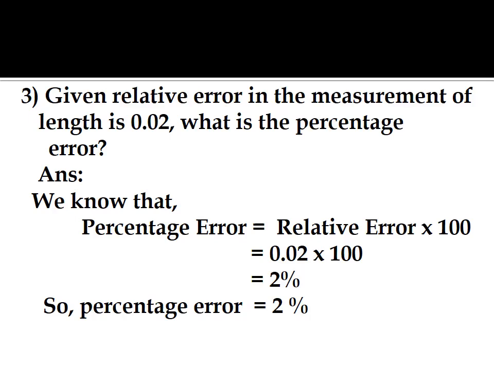Here, given that the relative error in the measurement of length is equal to 0.02, then percentage error is equal to 0.02 into 100 is equal to 2%. So, the percentage error in this measurement is equal to 2%.